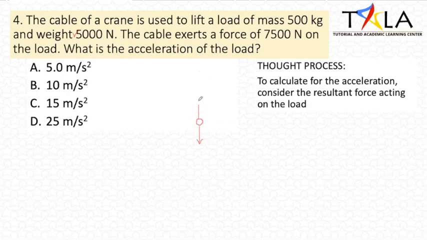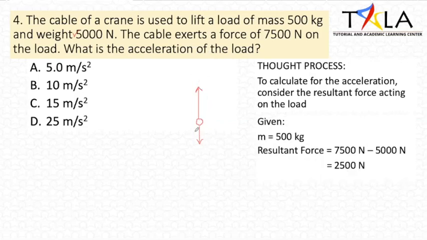Alright, so yung cable natin will exert an upward force. And then, since pareho silang vertical forces, we can get the resultant force agad by subtracting 7,500 Newton and 5,000 Newton. Now we have the resultant force acting on the load, which is 2,500 Newton.